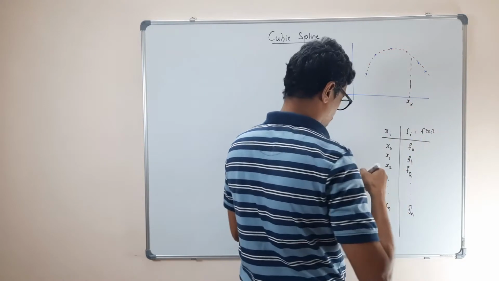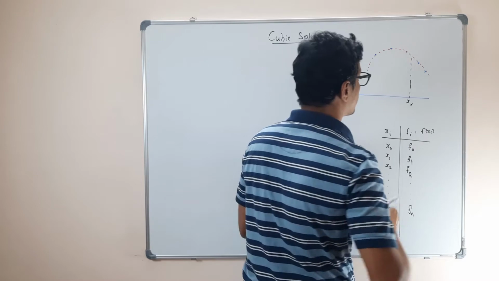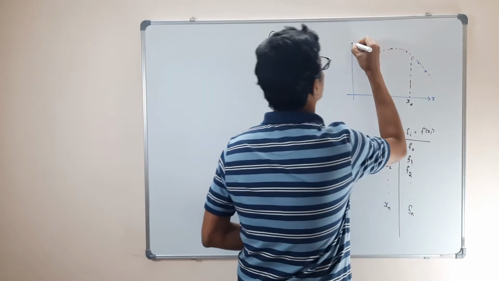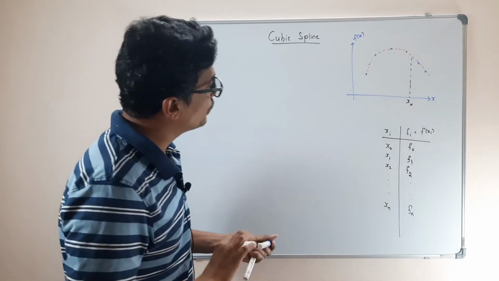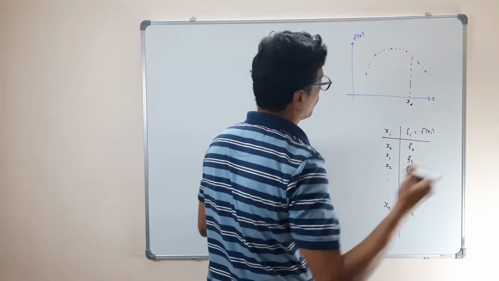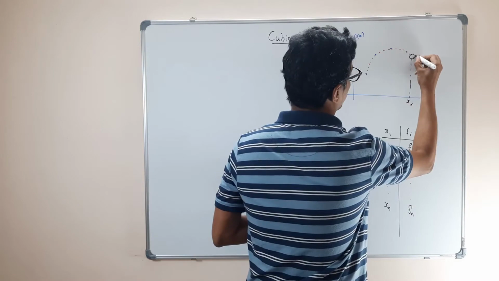So this is our x and this is our f of x. We use this polynomial to find out the unknown value.